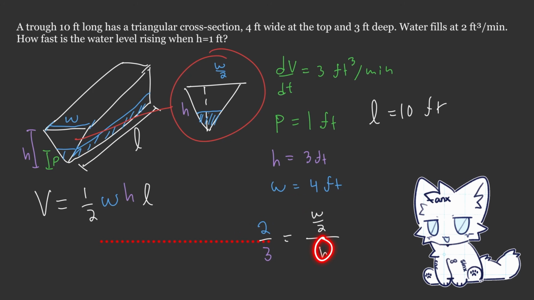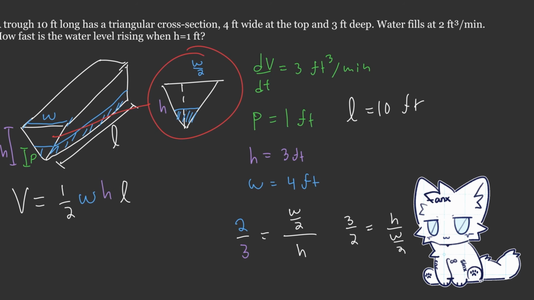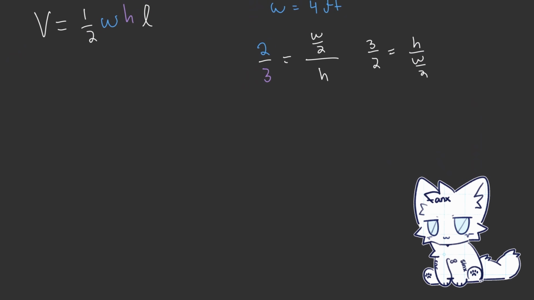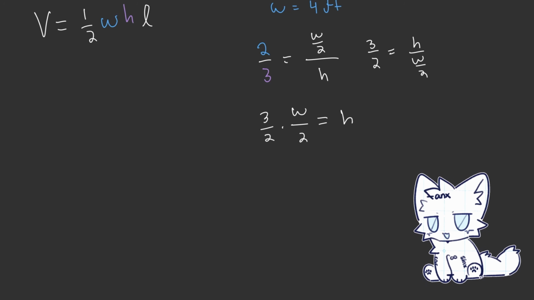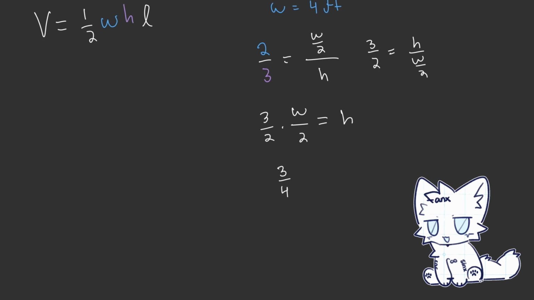Now to get it in terms of the height, flip the variable. 3/2 is equal to H over 2, and just multiply this to this side, and we get for the width, 2/3 times 3/2 times width over 2 is equal to H. So this would be 3/4 of the width is equal to height.